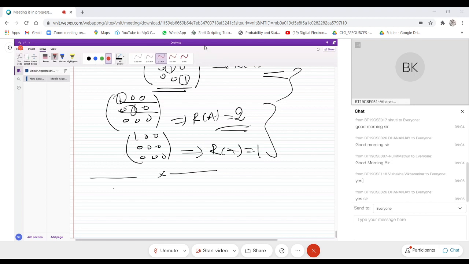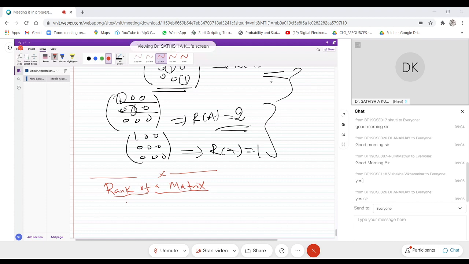So we'll discuss today the rank of a matrix. As I said earlier, there are many definitions, but we shall connect those definitions with the row reduced echelon form, row echelon form.